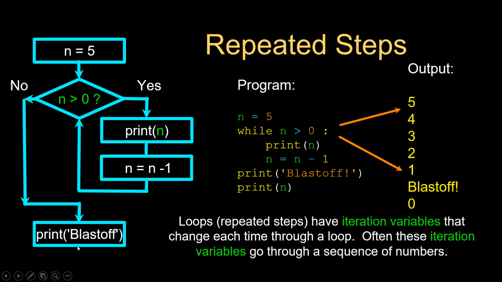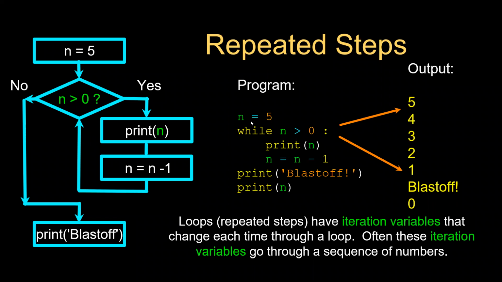And after that, the print n statement will also be executed, so n equals 0 will also be printed. Is the diagram understood or not?